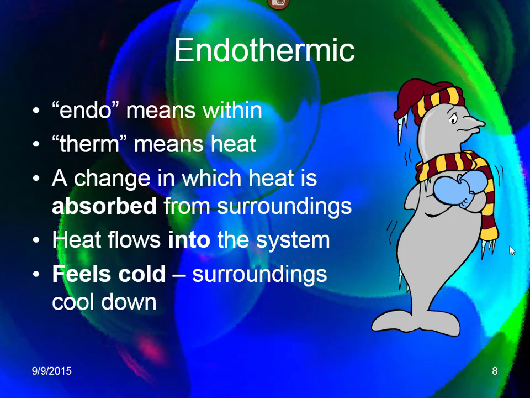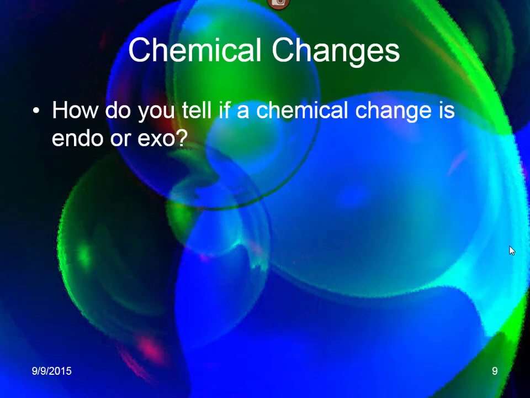So now that you know this, which one did we have for our demonstration today? Endo or exo? Endo, because it felt cold. Hopefully you found that question I just asked pretty easy to answer.